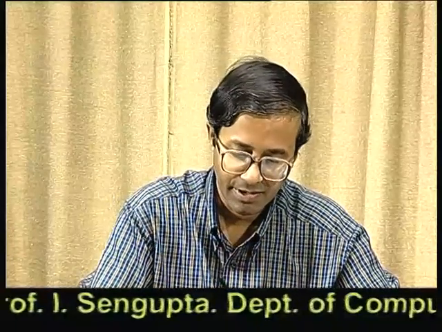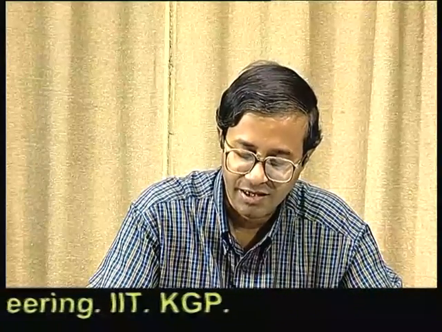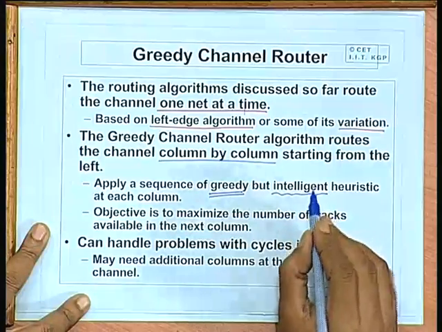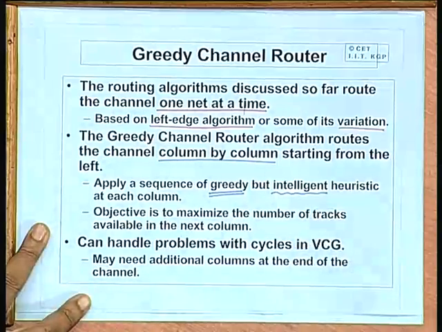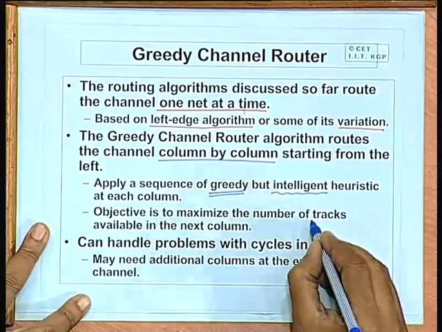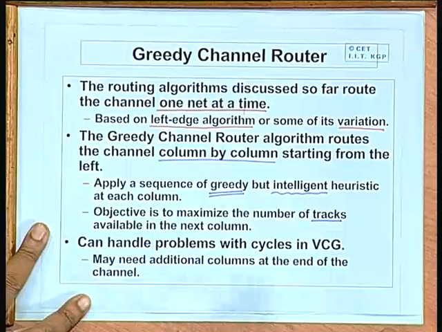Now, at each column position, we apply a sequence of greedy heuristics. Of course, these heuristics are based on experience, so they are also intelligent. The objective of these heuristics is that in the next column position, the number of tracks that are kept free is maximized.